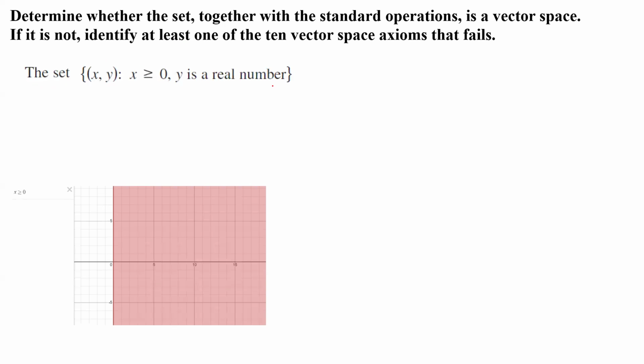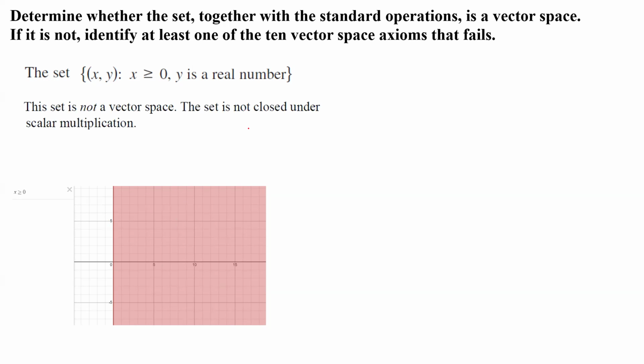Perfect. So if I graph this, this is the shaded region on the right-hand side of x equal to 0. X equal to 0 is also included. X equal to 0 is just the y-axis values. So this is this set here.